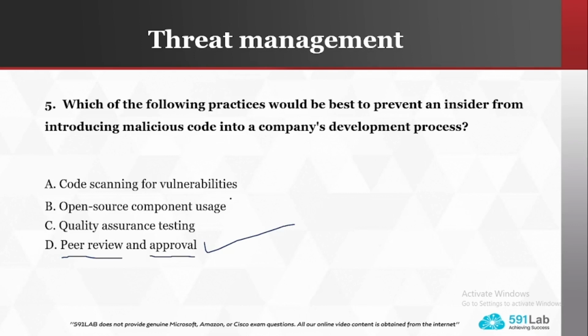So, code scanning and vulnerability is valuable for detecting vulnerability. This is simply for detecting vulnerability. It might miss cleverly disguised malicious code or zero-day vulnerability. So simply it is for detecting any vulnerabilities that are issued as common vulnerabilities, while open source component usage introduces a risk if components aren't properly vetted, but it doesn't directly address insider issue.